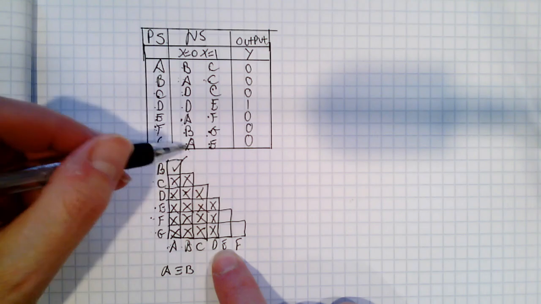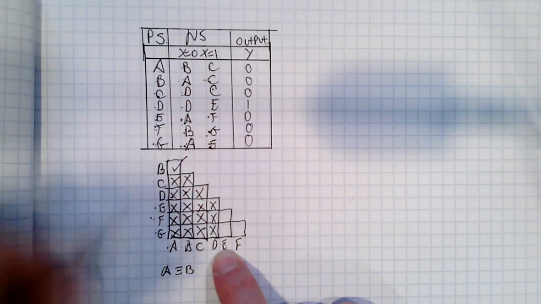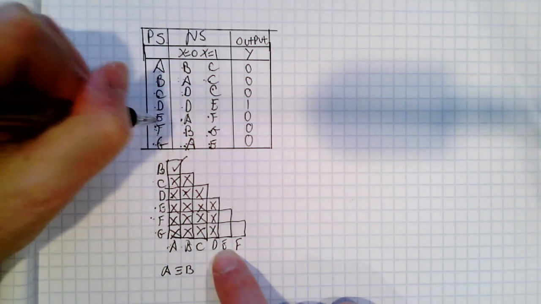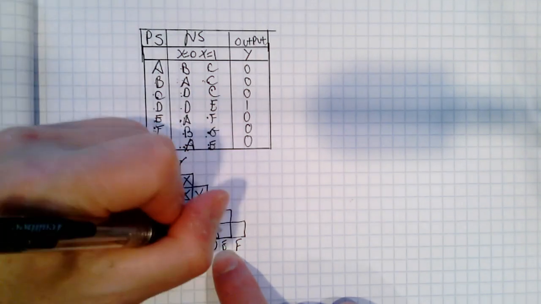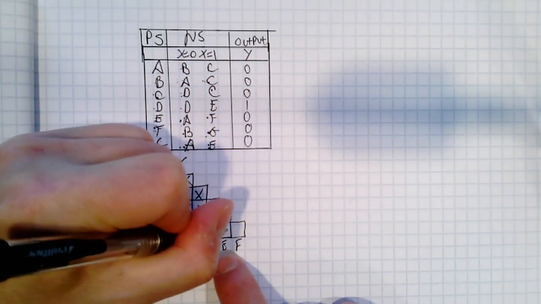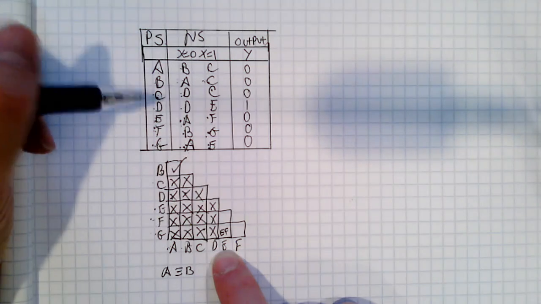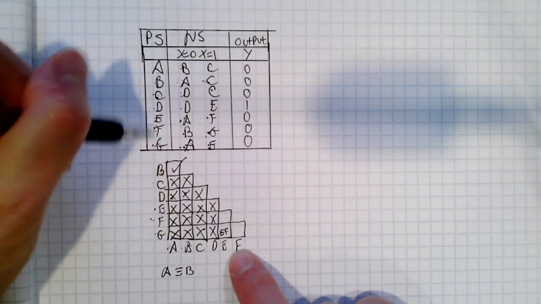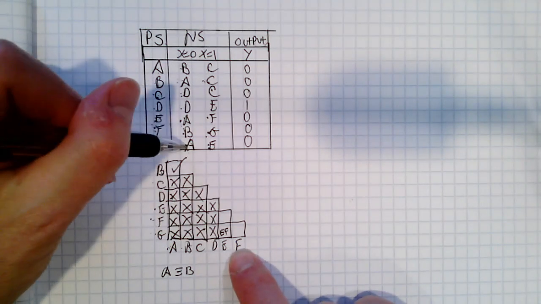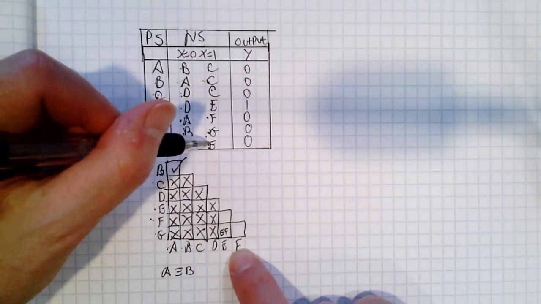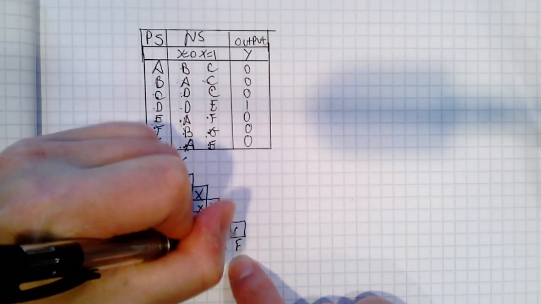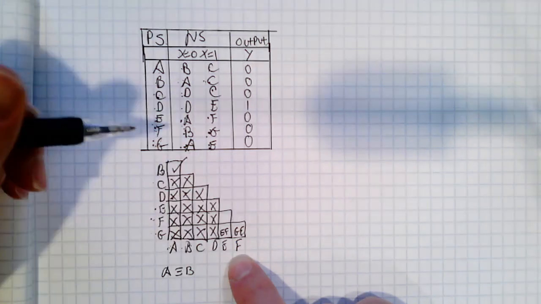GE, we don't know. Let's look at GE again. So A compared to A. So GE is equivalent if A is equal to A, that's good, and if E is equal to F. So I need EF. And then over in here, F is equivalent to G if I have A equivalent to B, it is, and if G is equivalent to E. So I can write, I need GE in here.